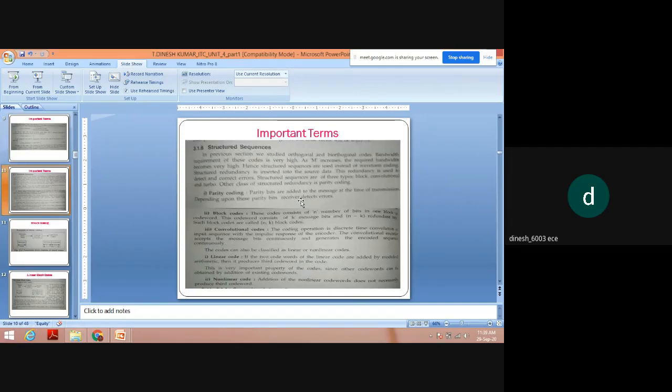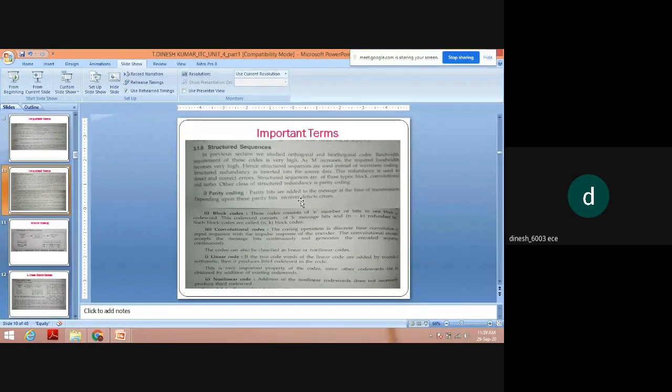The structured sequences had 3 types of codes: parity coding, block coding and convolutional codes. The structured sequences can be classified into linear and non-linear.